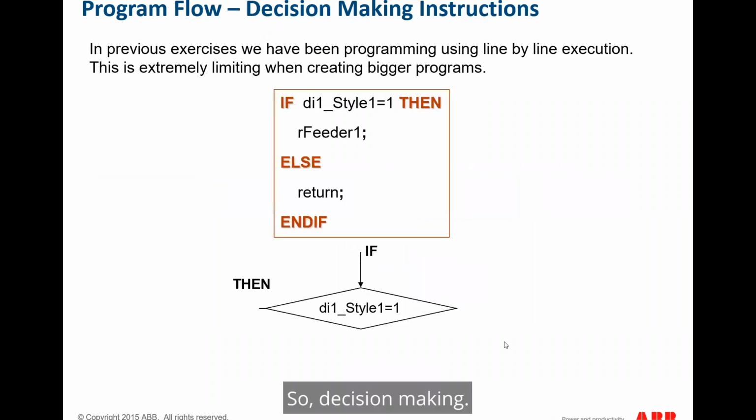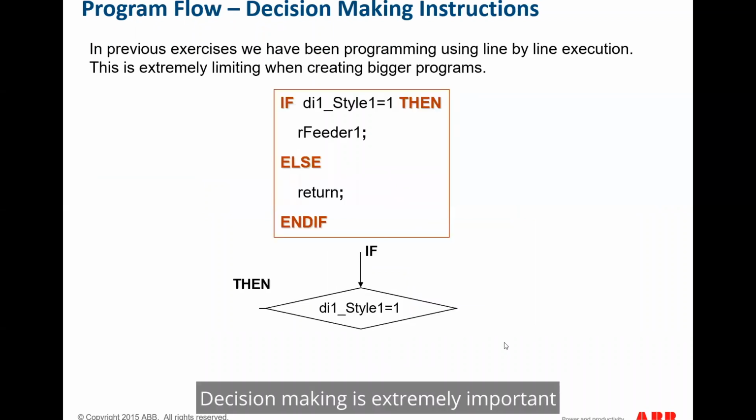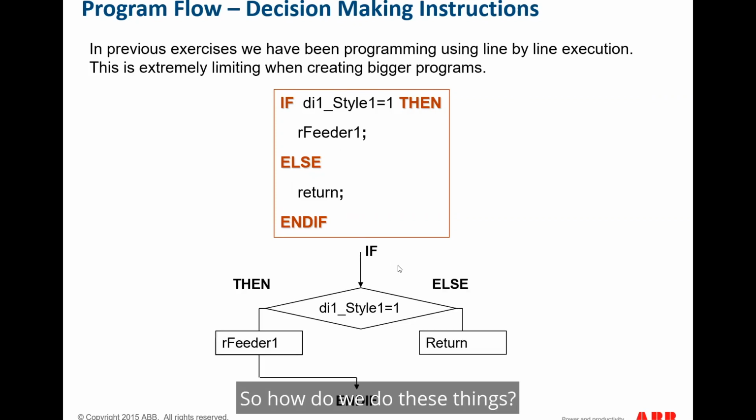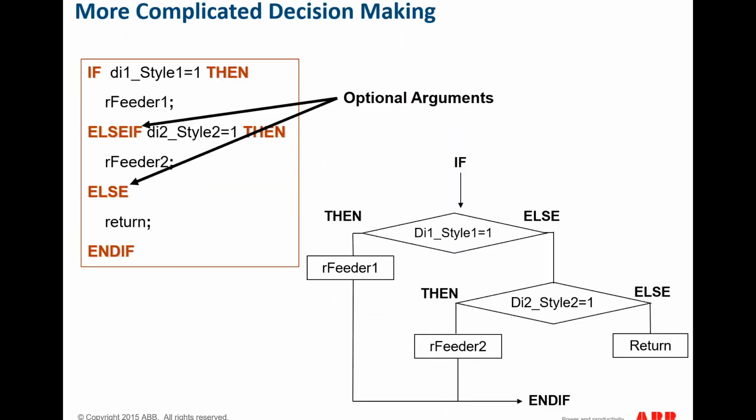Decision making is extremely important when you are writing the program, as well as when you are using it. So maybe if something happens, or if some particular output is generated, input or output, whatever it is, then go for feeder 1, else do something else. How do we do these things?